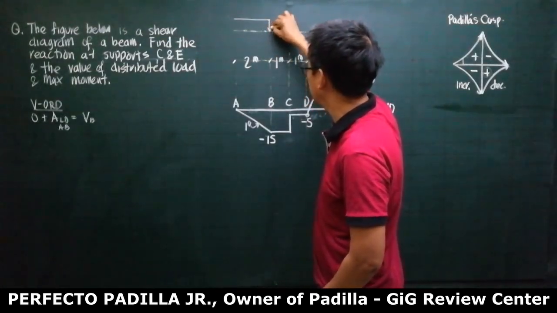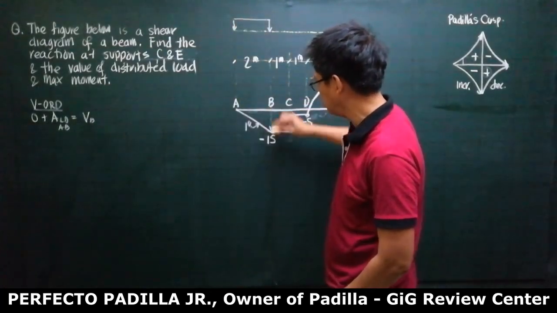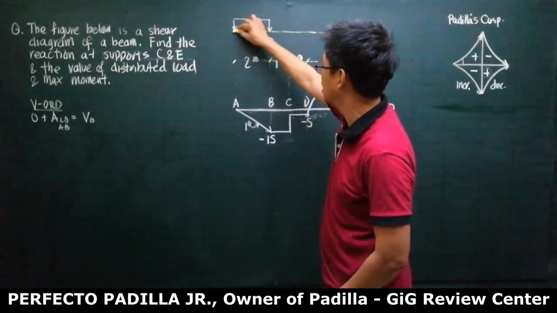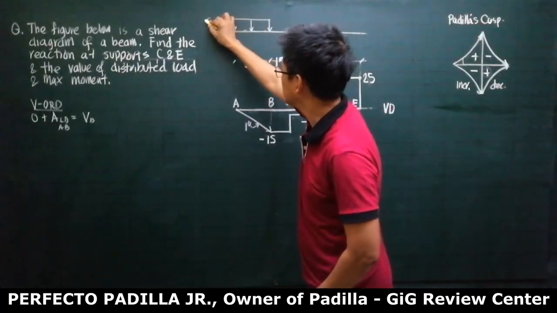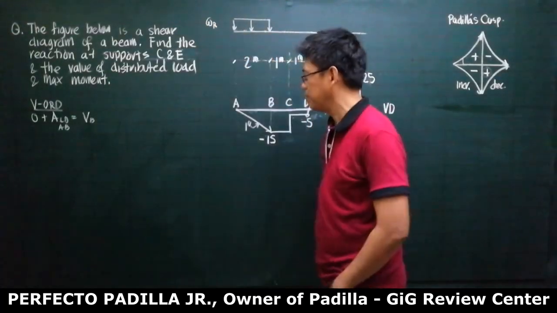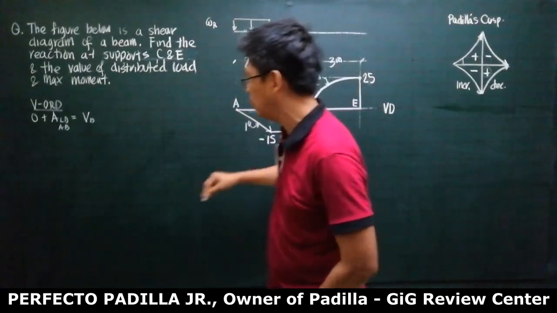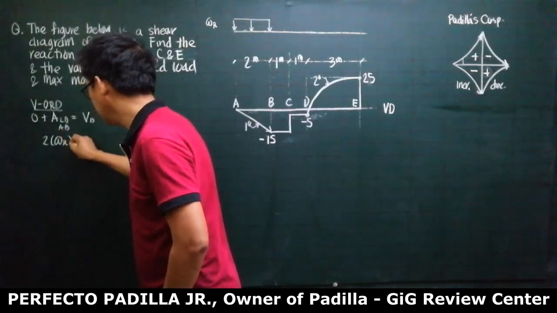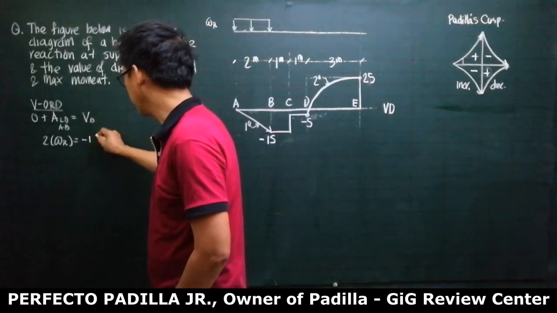So it must be a uniform load. This is going down, so it means the load is negative, right? Negative meaning downward load. So let us call this W rectangular. So the area of this is equal to 2 by WR.